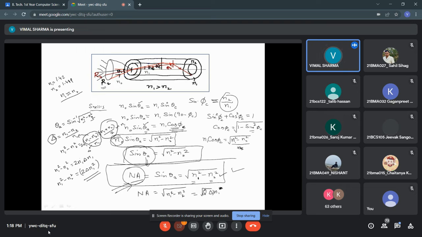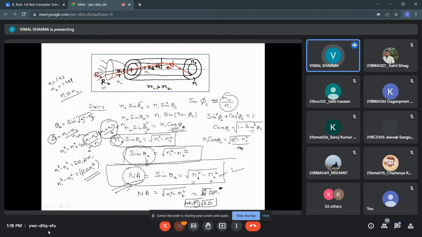So let me put this inside bracket and let me write it again. This is n1 under root 2 delta. This is the numerical aperture in terms of n, the average of n1 and n2, or you can write it as n1. So one and the same thing. You can write this as average refractive index under root 2 delta.